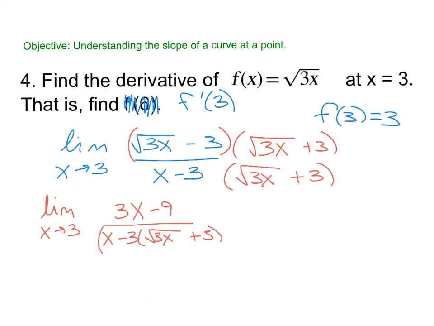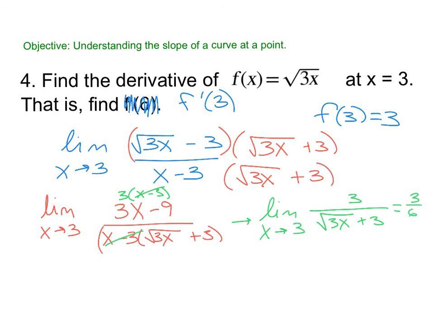If I factor the top, we get 3 times (x minus 3). The x minus 3's cancel. So it's the limit as x approaches 3 of 3 over the square root of 3x plus 3. That's 3 over 6, which is a half. So f prime of 3 equals 1/2.